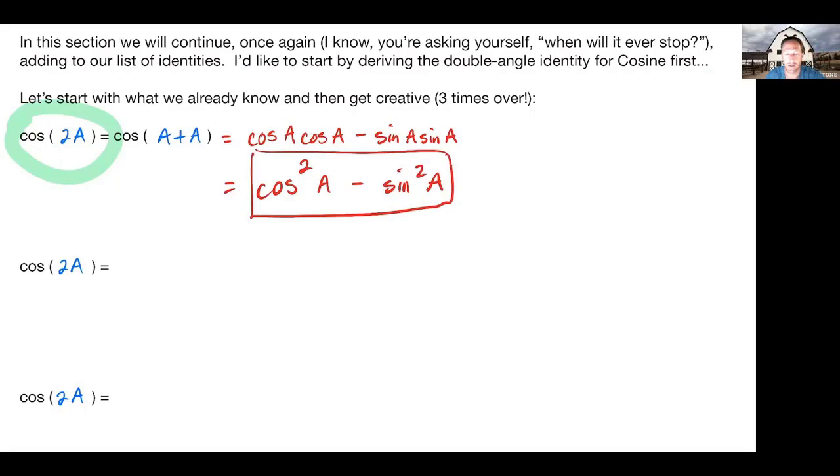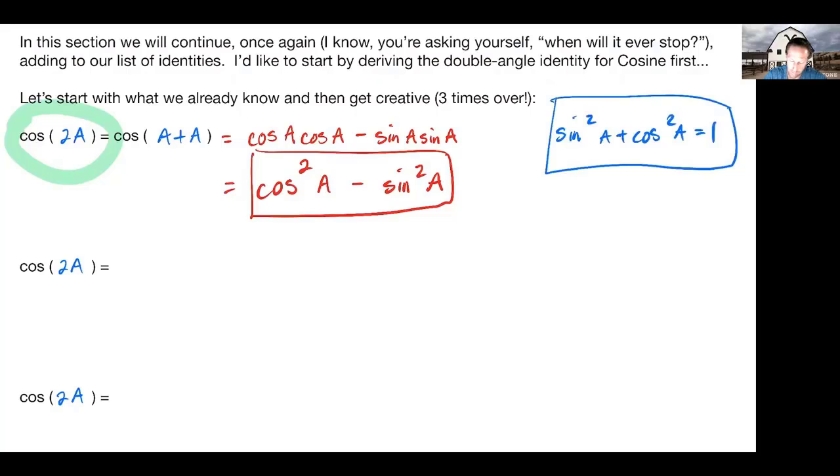Now you may be noticing some squared terms, which alarms should be going off thinking of Pythagorean identity. So I'm going to go off to the side and refresh your memory on what that is. And because we have the sine squared plus cosine squared of some angle is equal to 1, well then hopefully you can see why we have 2 other identical identities to cosine of 2a.